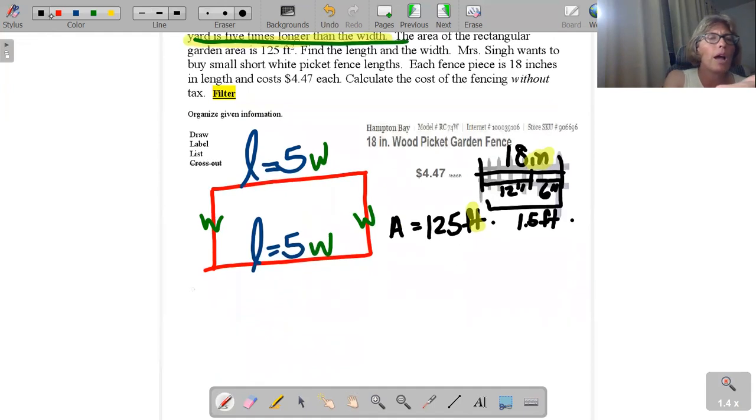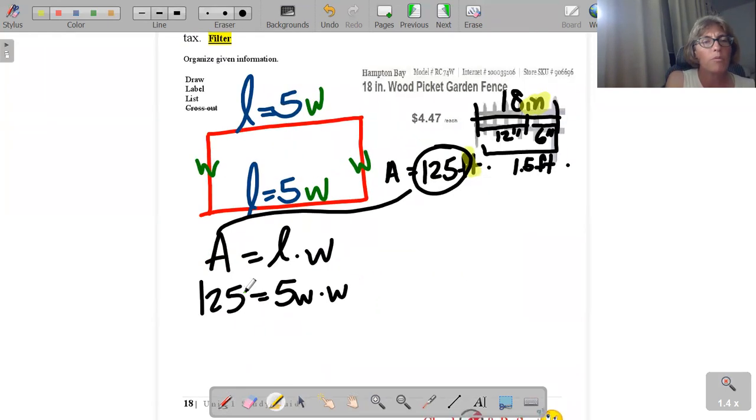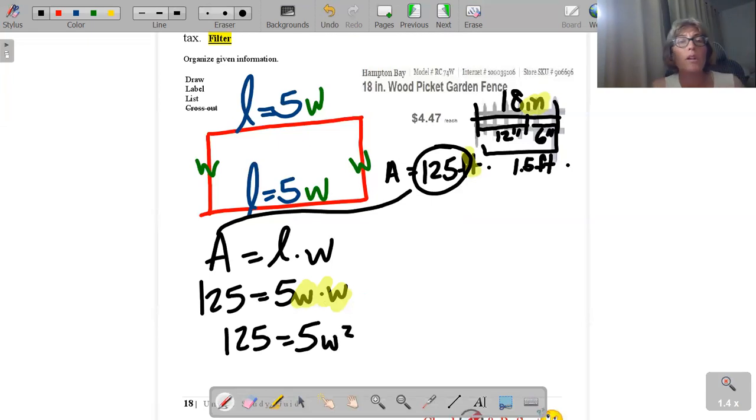You start with what you have, which is the area, equals length times width. 125 equals 5W times W. From here, W times W is W squared. 125 equals 5W squared.